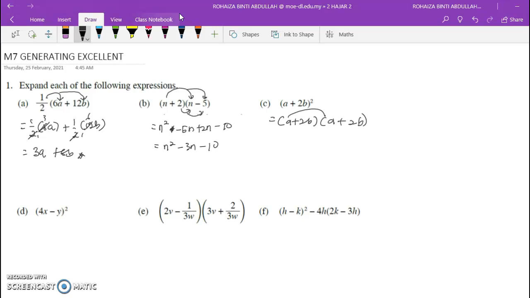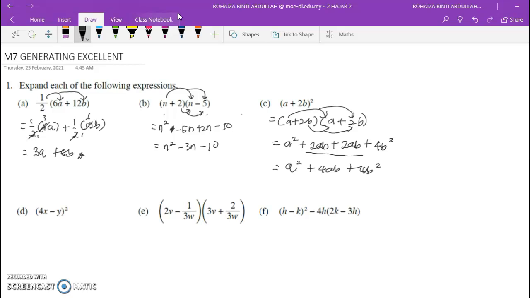Okay, so to expand or to open the bracket, we write a times a, square, a times 2b, 2ab, 2b times a, 2ab, 2b times 2b, 4b square. Okay, find the like terms. A square plus 4ab plus 4b square.